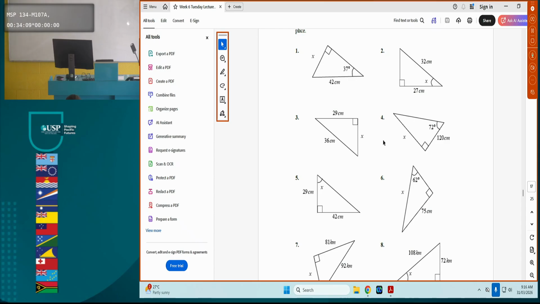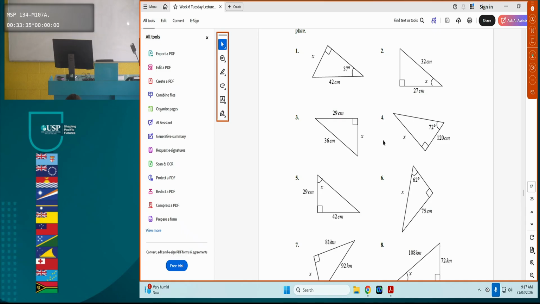Question 4. Which sides are we using for question 4? O and A. So TOA, that means tangent. Is the angle given? Yes. What is it? Tan 72 equals, what's the opposite side? x over 120. So, solve for x.